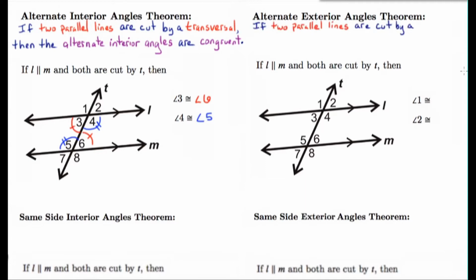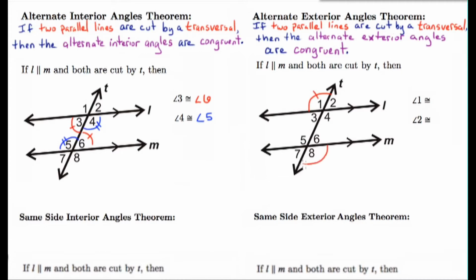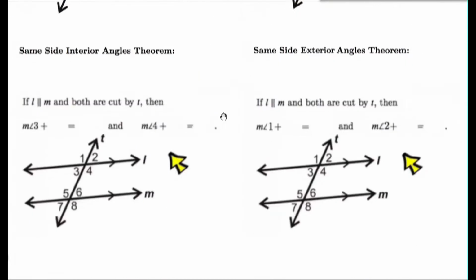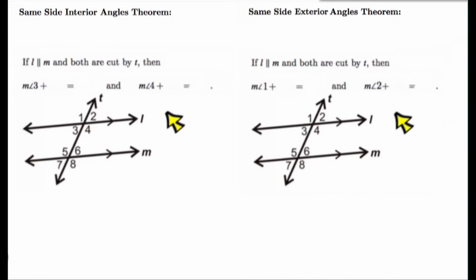Alternate exterior angles theorem. If two parallel lines are cut by a transversal, then the alternate exterior angles are congruent. So angle 1 would be congruent to angle 8, and angle 2 would be congruent to angle 7. So the first three are congruent. The second two are a little bit different.